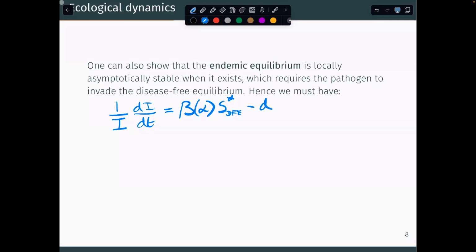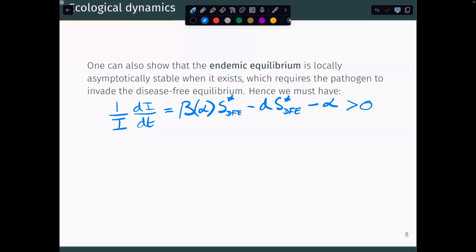We had a death rate minus dN before. Because we're assuming that the pathogen is rare, N is just going to now be S star at our disease-free equilibrium. And then we had minus alpha as well, which is our virulence. So this has to be positive in order for our pathogen to be able to invade.